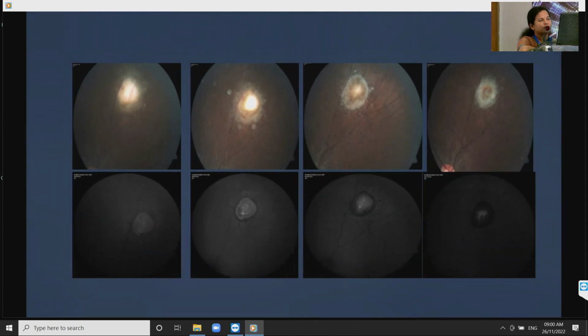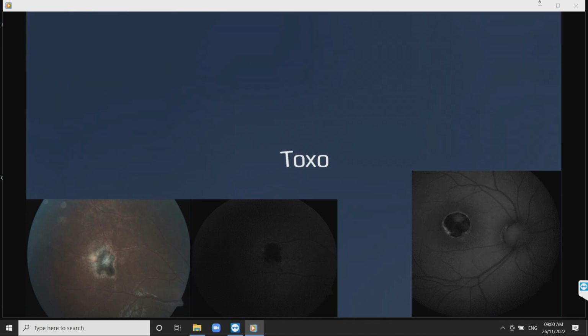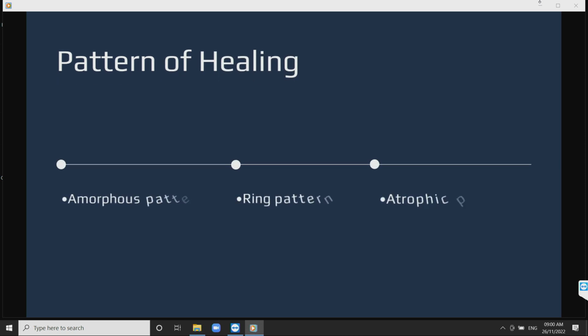This is a picture of active toxoretinochoroiditis. In the active phase, you can see an amorphous pattern of hyperautofluorescence, and as the lesion heals, it becomes more and more hypo, and when it heals completely, it becomes jet black. It also helps in detecting early reactivation of a toxo lesion.